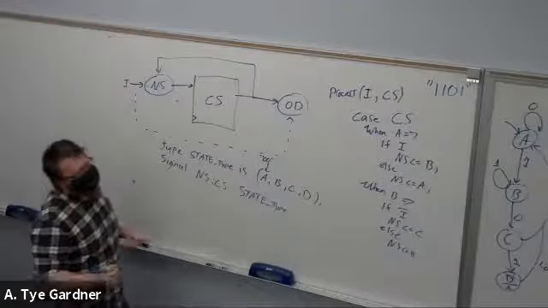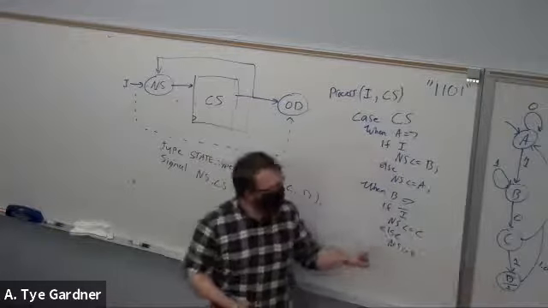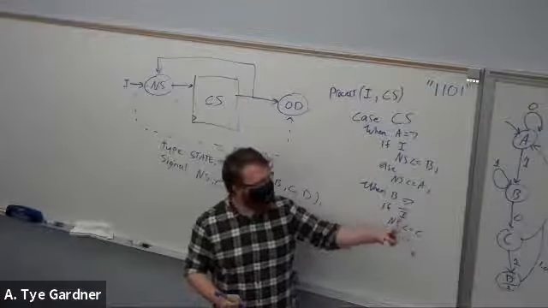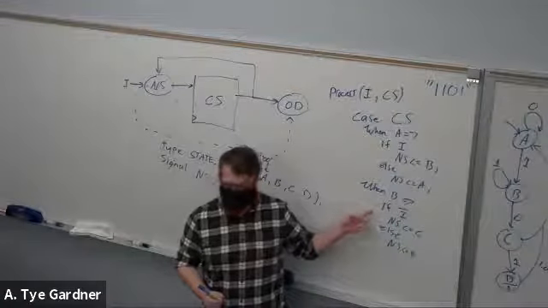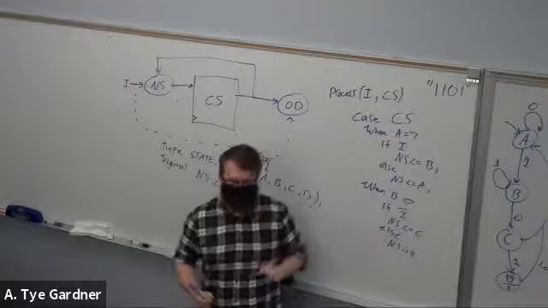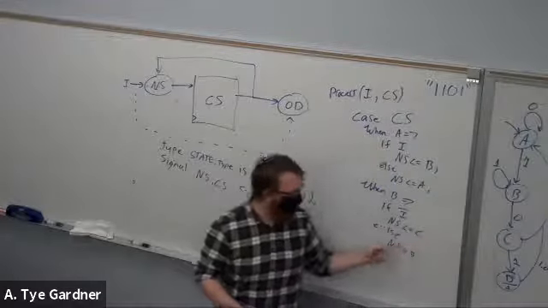And this is what's nice with these state diagrams, is it makes it really easy to turn them from a state diagram to a case statement for the next state logic. This is why we like state diagrams, is as long as you drew this correct, it's really hard to mess this up.